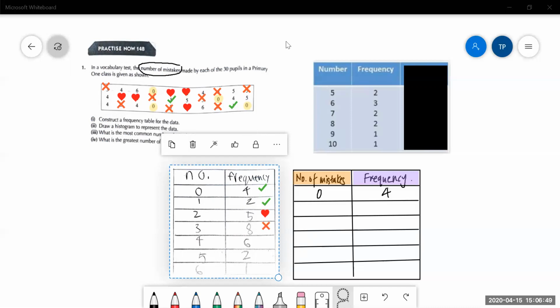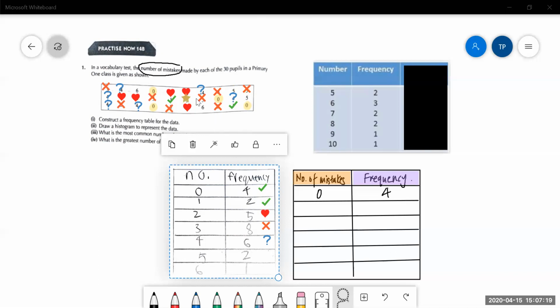How many sixes are there? No, sorry, how many fours are there? 1, 2, 3, 4, 5, 6. Correct. How many fives are there? 1, 2, 3. There are 3 fives, right?